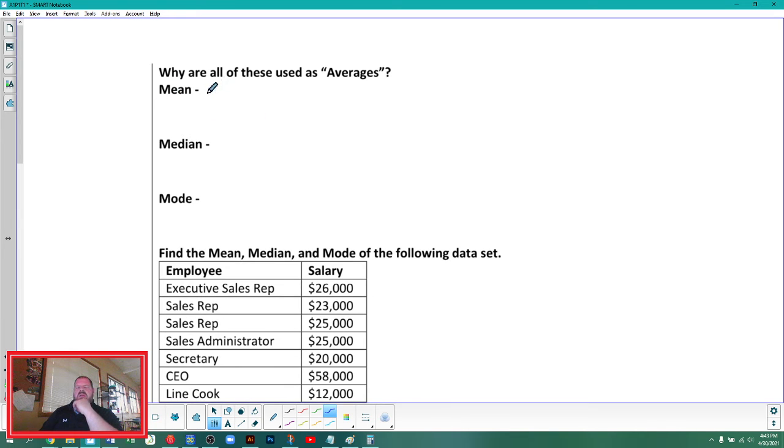So the mean is used as an average because it's a calculated, weighted average that uses all the data points.